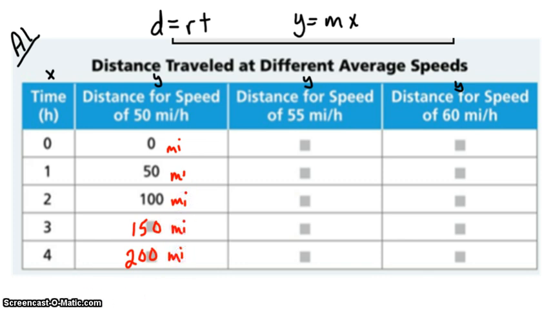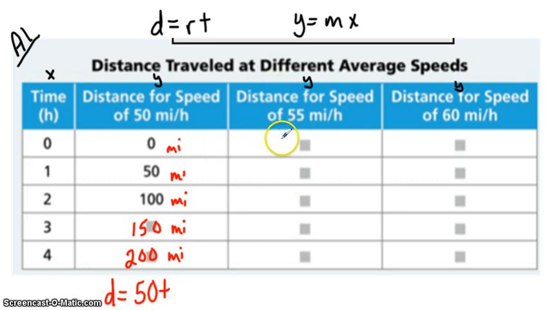Okay, now the equation here would be that my distance equals 50. There's my coefficient for m. M in this case would equal 50 times my time. Okay, so y would be distance, x would be time.